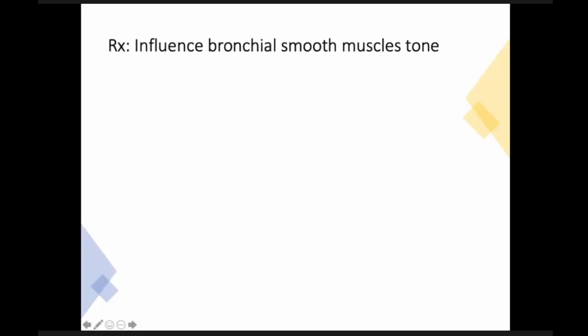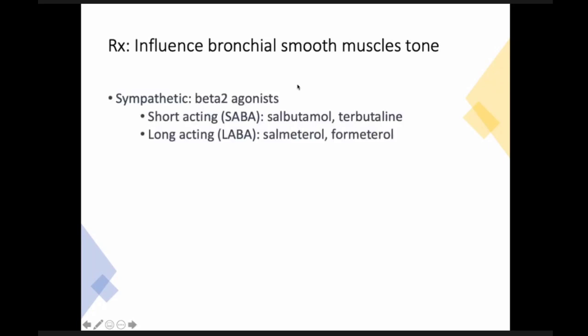Drugs to influence bronchial smooth muscle tone: beta 2 agonists, we have short acting ones and long acting ones. Short acting ones that are used are salbutamol and terbutaline. Long acting beta agonists are salmeterol and formoterol. These are available as inhalers, dry powder inhalers, as well as metered dose inhalers.